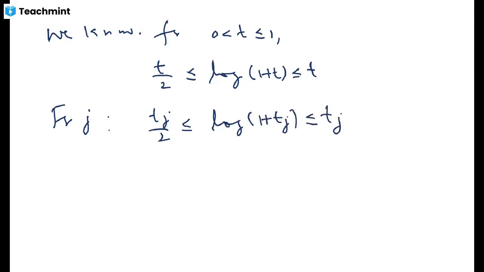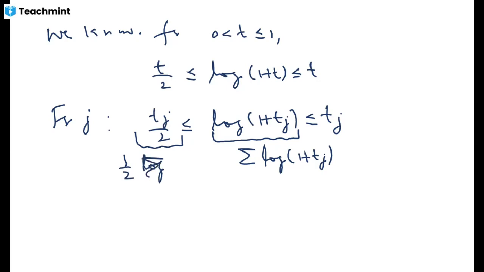And if you remember the comparison test from infinite series, let me write the series first. It is log 1 plus tj, इसके corresponding series आएगी. इसके corresponding tj, I can write 1 by 2 outside, it has to be summation tj, and इसके corresponding the series that is simply summation tj.